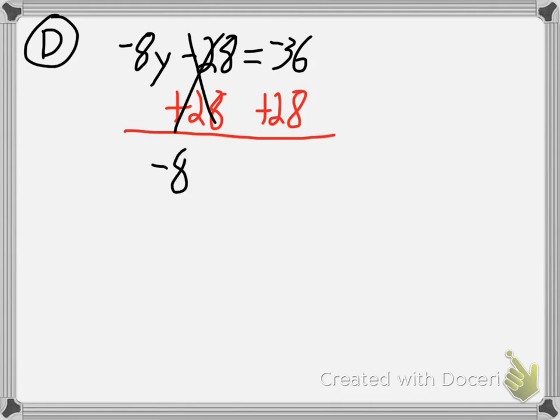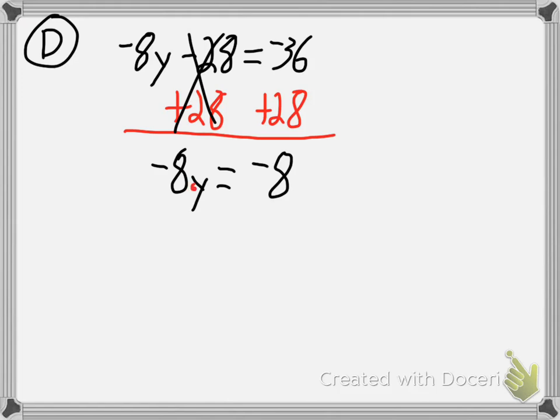I'm left with negative 8y equals, and now negative 36 plus a positive 28. They have different signs, so I would need to do absolute value and subtract. If I do my absolute value and subtract correctly, I should end up with negative 8. Now, from here, I have negative 8 times y equals negative 8.